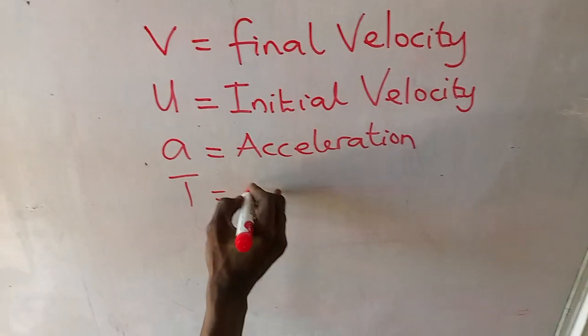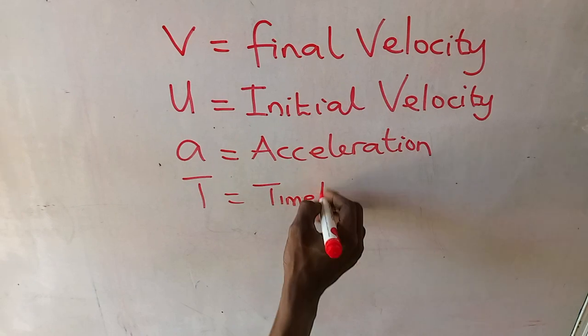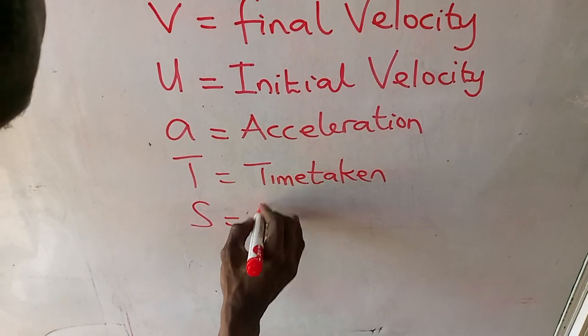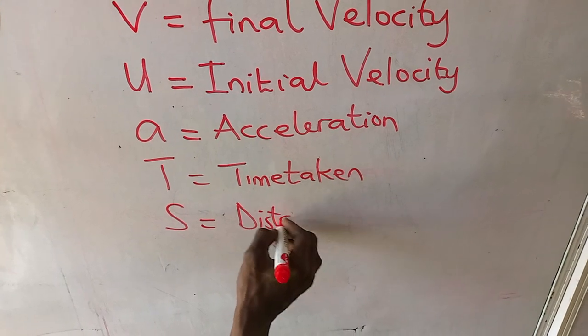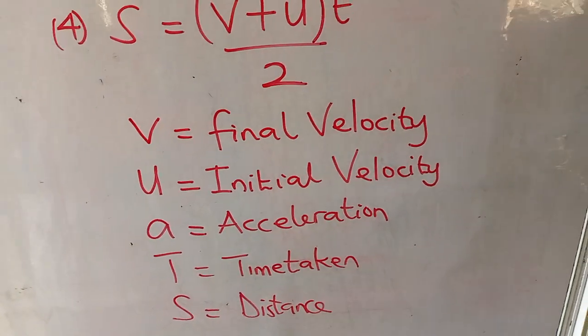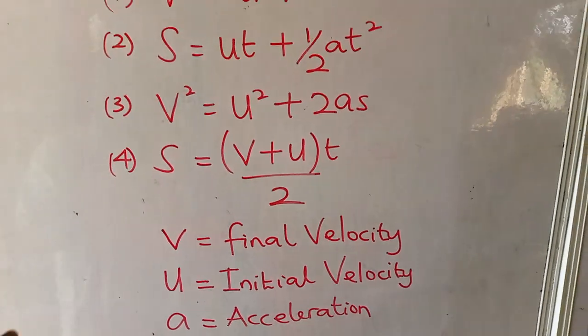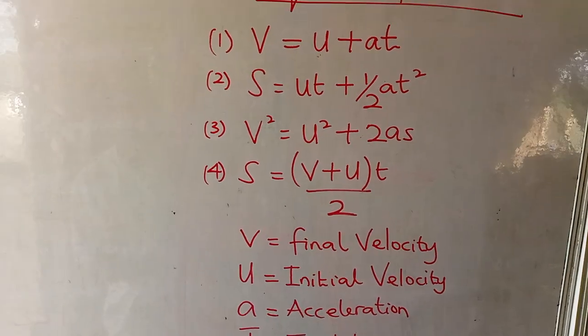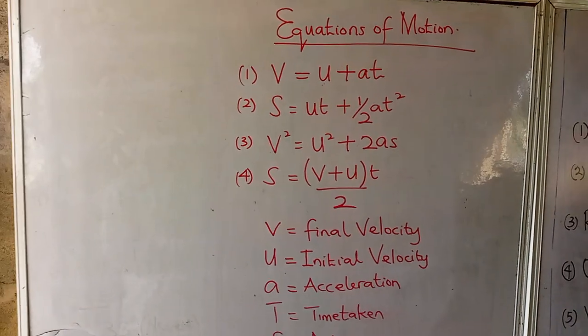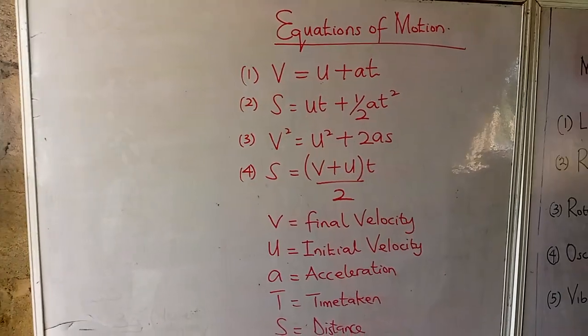T is the time taken. S talks of distance covered. So these are the definitions of the parameters: final velocity, initial velocity, acceleration, the time taken, and hence the distance.